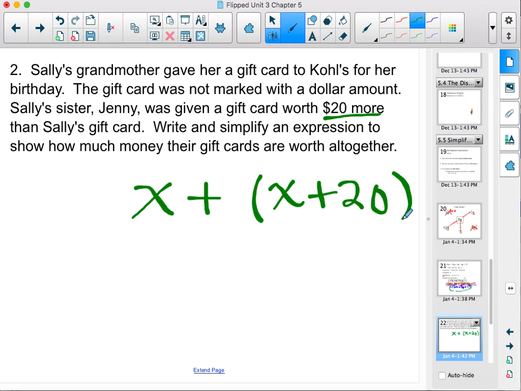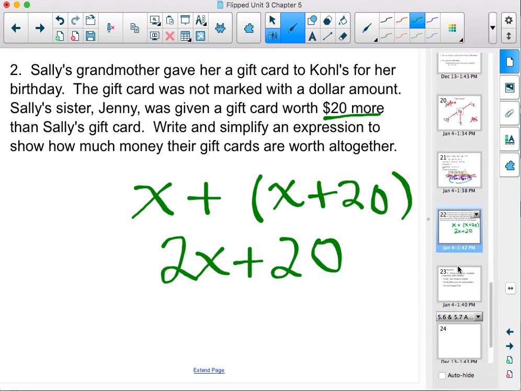Sally plus her sister Jenny, X plus the quantity X plus 20. And when we want to simplify this expression, we can just add our two x's together. There are like terms. X plus x is 2x. And our 20 is the constant. That's just going to be added at the end. Okay, we'll talk more about this kind of stuff tomorrow. That's as simplified as it can get because we do not have any like terms.